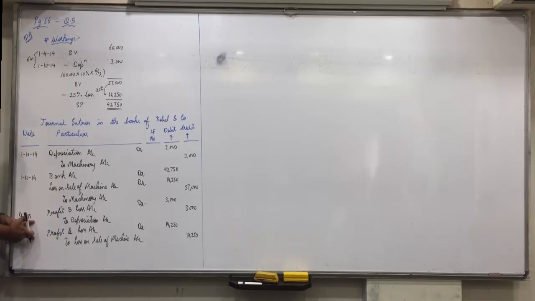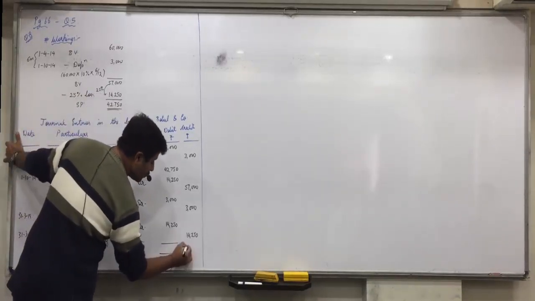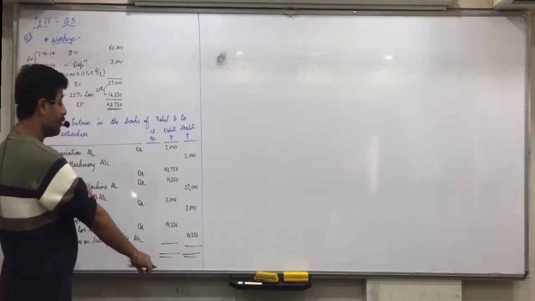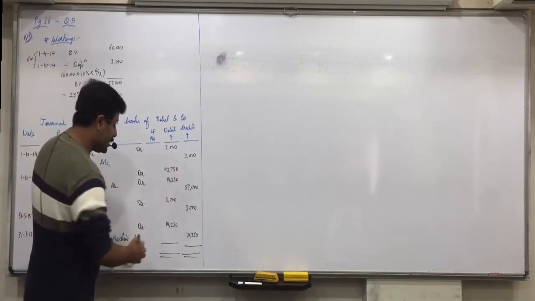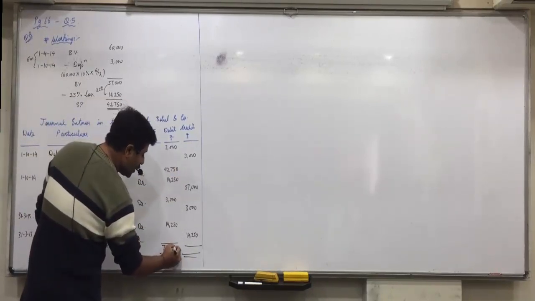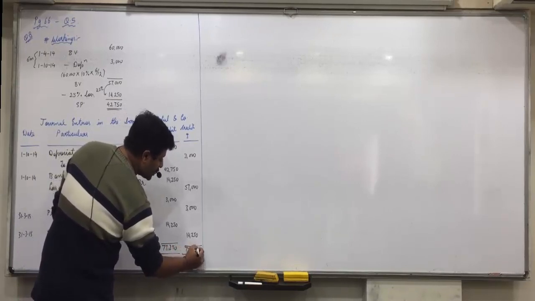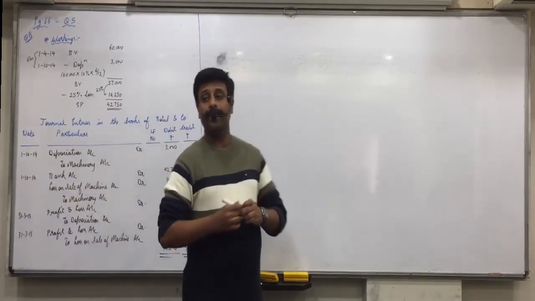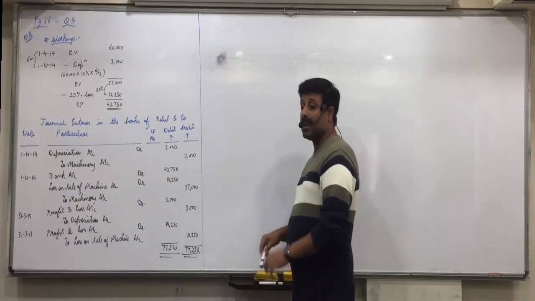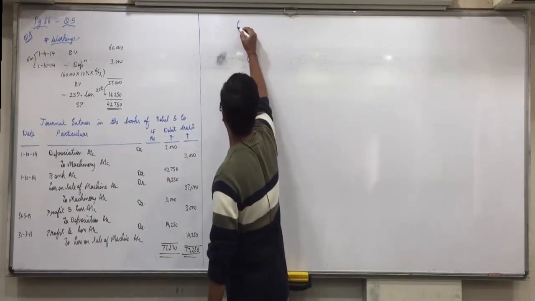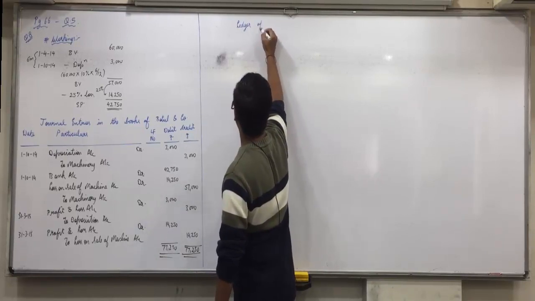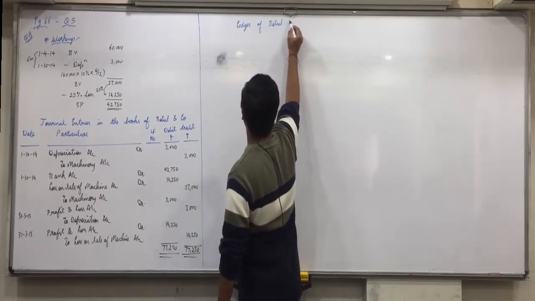In that situation, you'll do profit and loss account debit with 17,250 to depreciation 3,000 to loss on sale of machine 14,250. Do you understand this? Being loss on sale of machine transferred to profit and loss account.